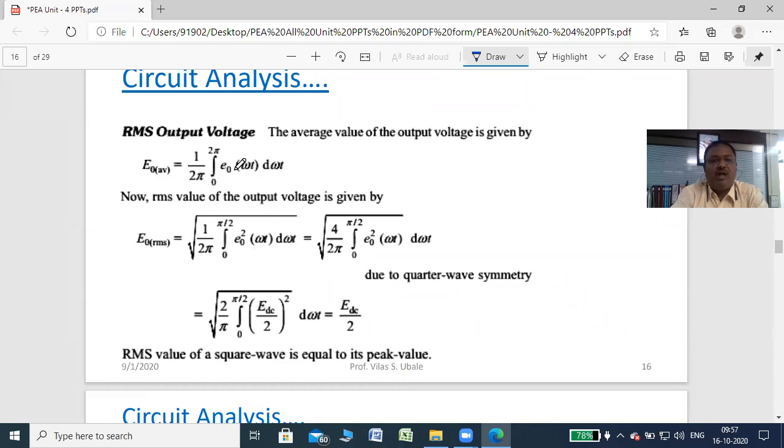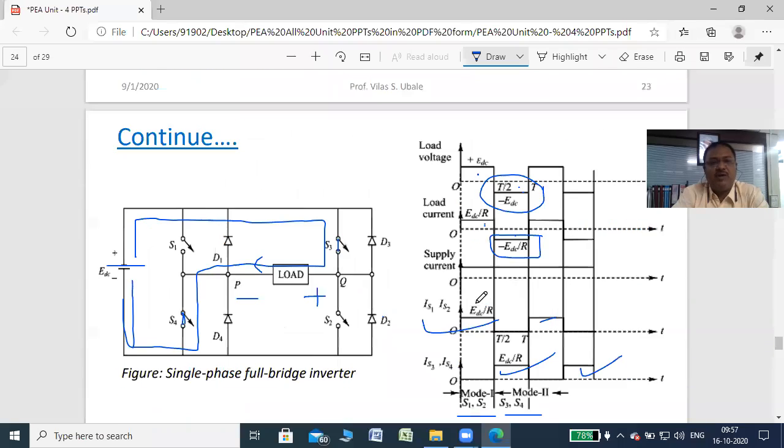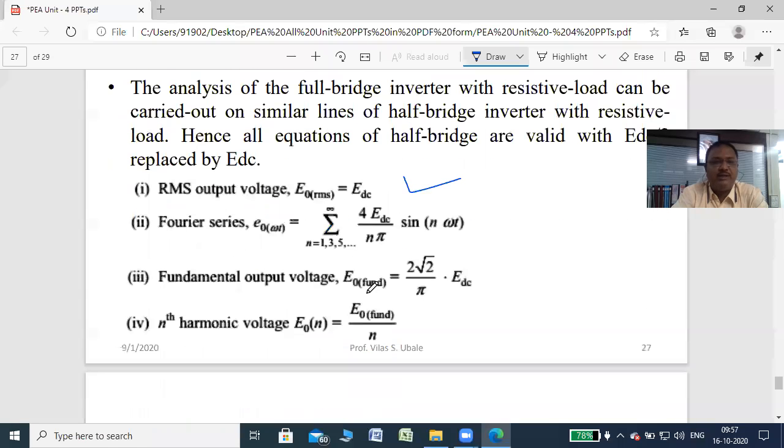So put the value into this equation, that is called EO RMS. Okay, so with the half bridge you will get EO RMS equal to EDC by 2. The same you will get as only EDC with a full bridge, right? So with the single phase full bridge, you will get only EDC.